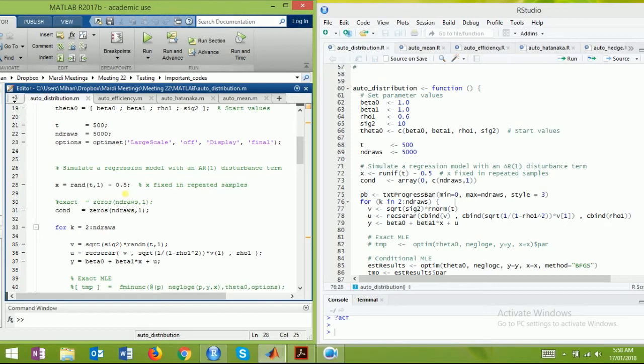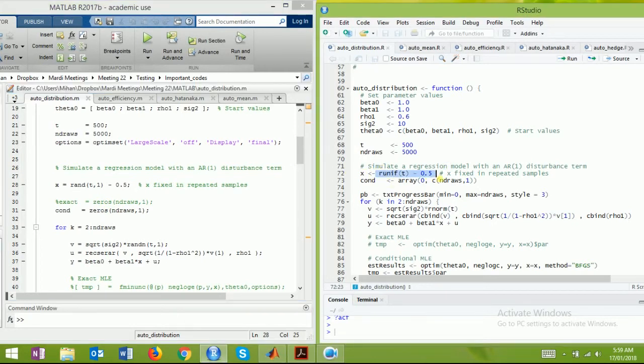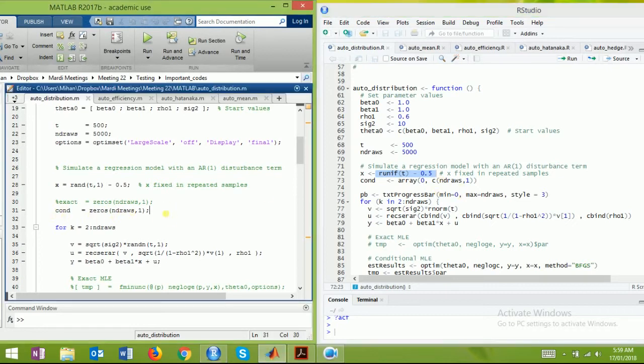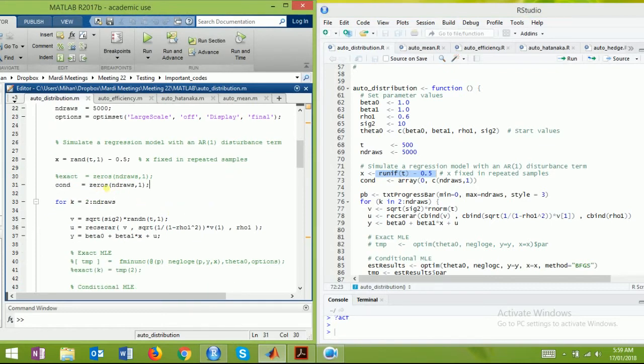So minus the mean, this is just the mean. So random T1, not a normal distribution but a uniform distribution, runif T. We don't have to set the column, just T; it will automatically do. By default it is a column, as 0.5.